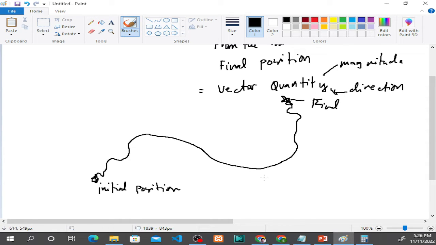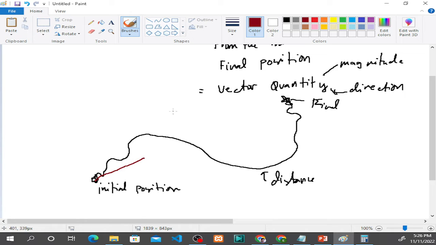This is the path covered or traveled, and this is the total distance traveled. So that's distance. However, when we say displacement, it's just the initial and final position.